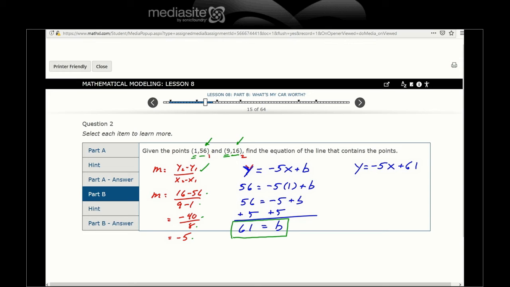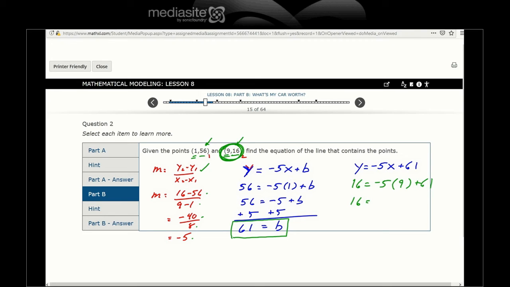It also means it has to be true for (9, 16). Let's plug it in. So when y is 16 and x is 9, y equals -5x plus 61. Is that a true statement?